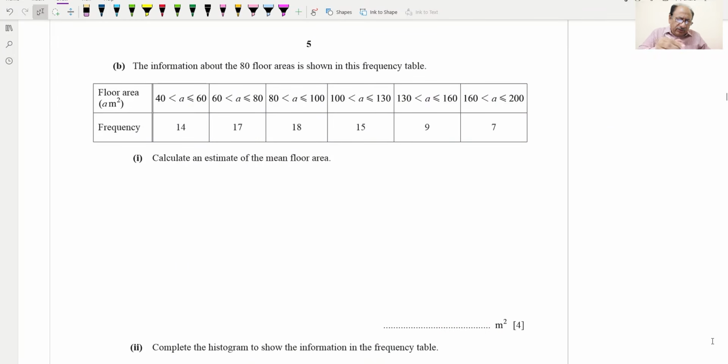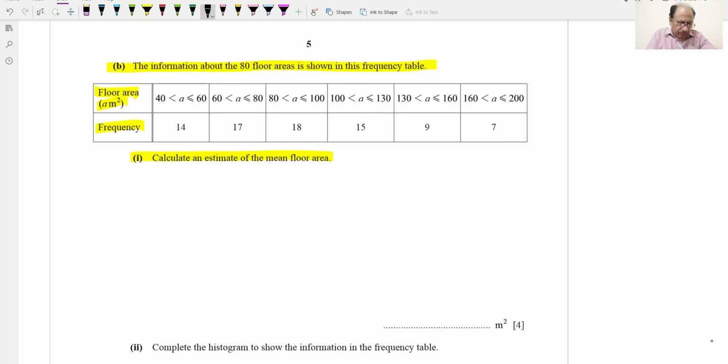B part, the information about the 80 floor areas is shown in this frequency table, and this is floor area and this is frequency, and the table is provided. Calculate an estimate of the mean of the floor area.